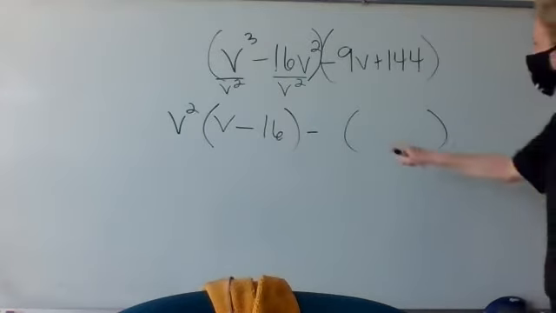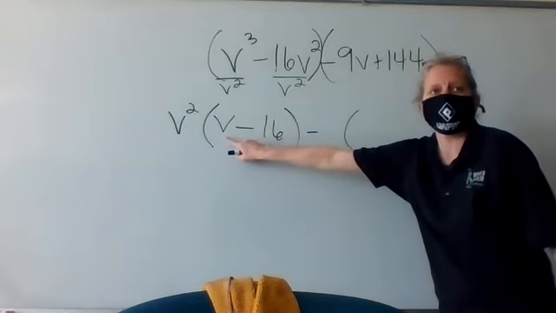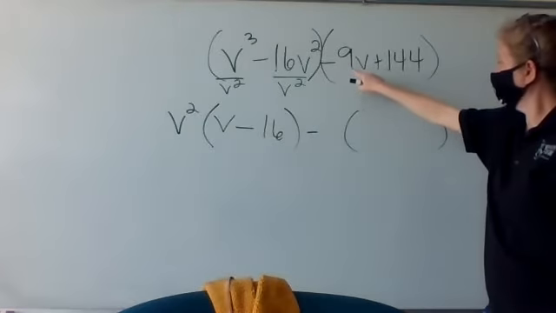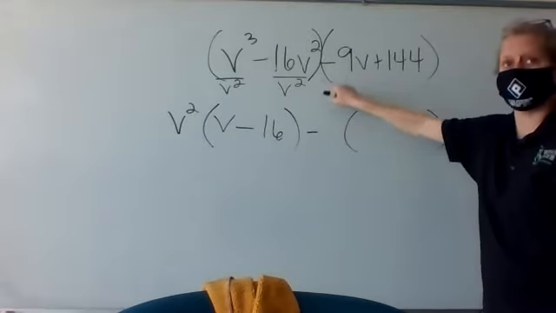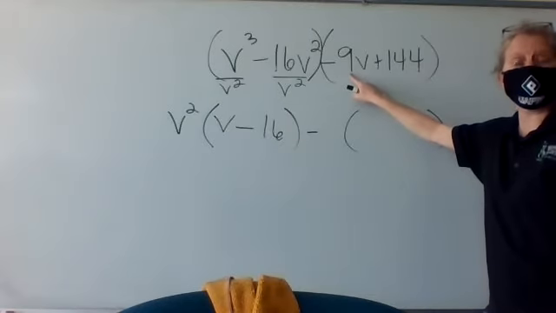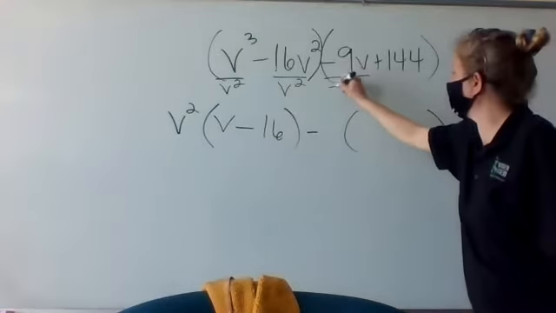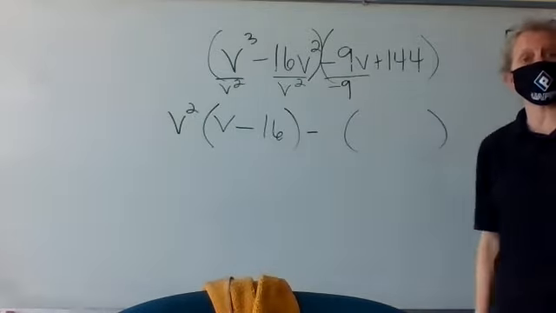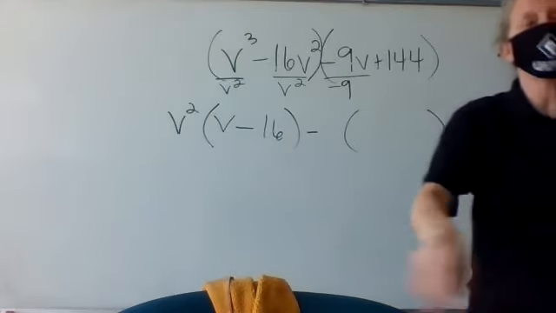Let's think about, what do you want your first term to be? Positive v. I've already pulled out the negative. So hopefully it's going to be negative 9. If I need to divide this by negative 9 in order for it to be positive, it'll be a v. So let's divide this.